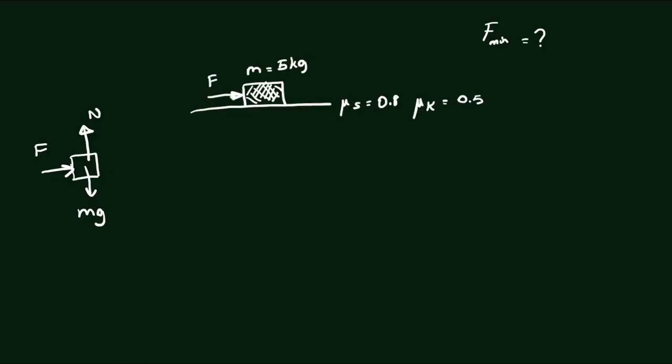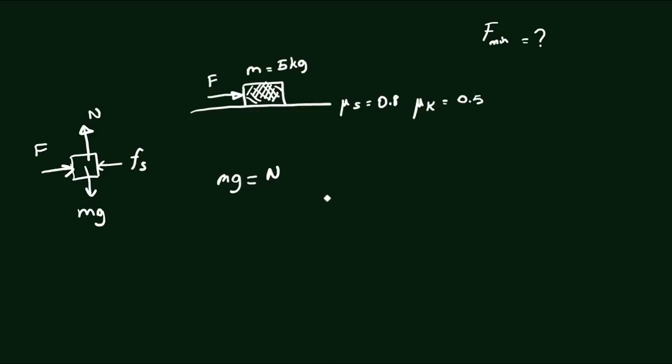So if this force manages to move the block, it will be towards the right. Hence, friction force will be towards the left, towards the opposite direction of motion.